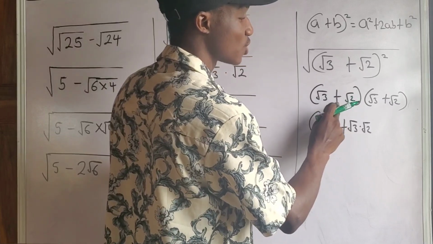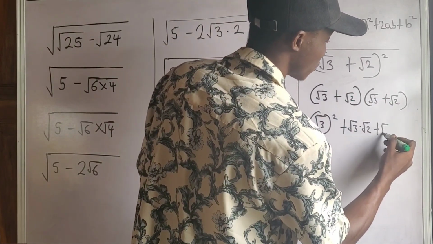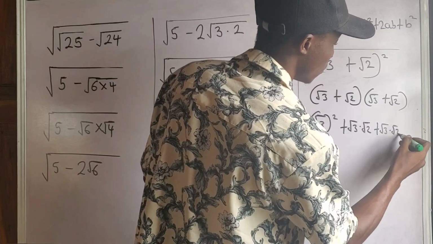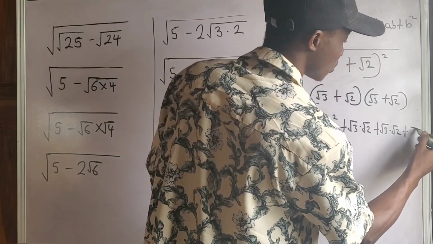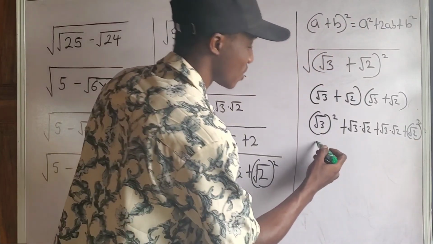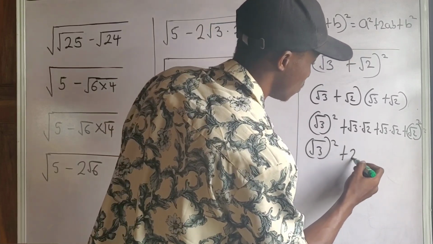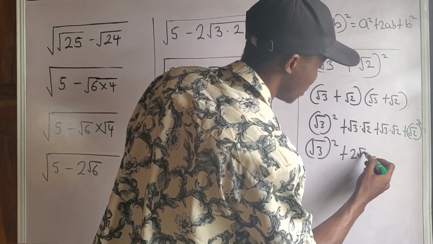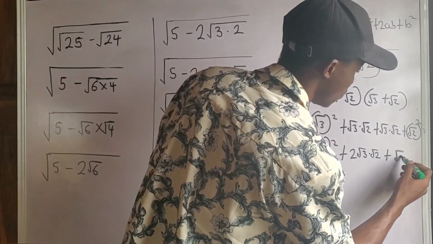Then plus root 2 times plus root 3, that is plus root 2 dot root 3. Then plus root 2 times plus root 2, that is plus root 2 squared. So I'm going to have root 3 squared plus 2 dot root 3 dot root 2 plus root 2 squared.